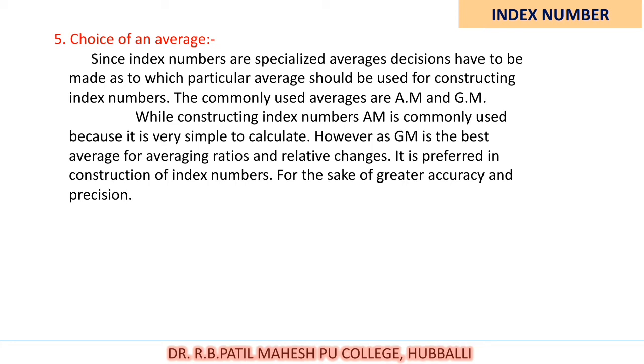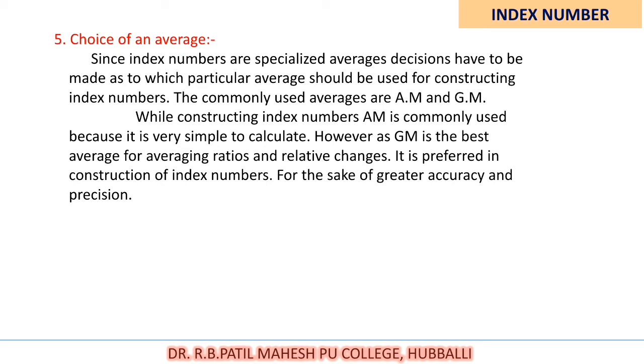See, so we have collected the price quotations from different places and different agencies. After collecting them, the next step is, as you know, index numbers are special types of averages. So decisions have to be made as to which particular average should be used for constructing index numbers.